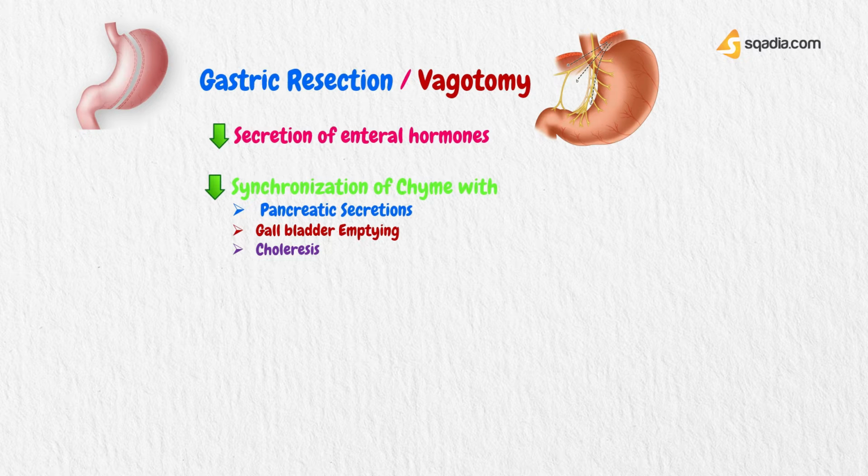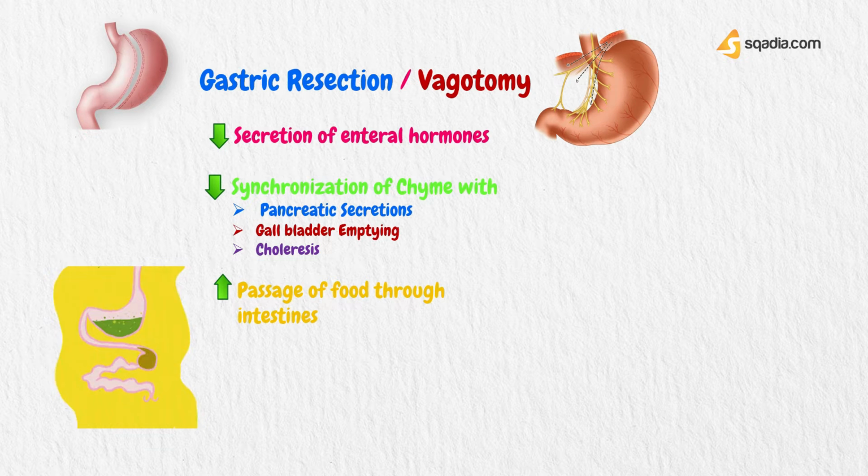All is disturbed. Also, passage of food through the small intestine is accelerated, which makes pH in the duodenal lumen too acidic, leading to interference with the digestive process.